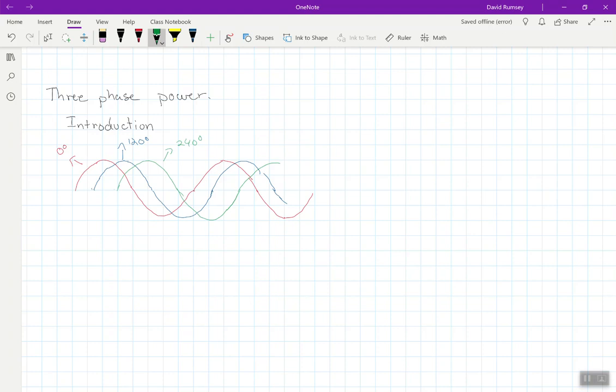And this is actually three-phase power. You can think of these as all being the same voltage at the peak, like 120 or something like that, but they're three phases.